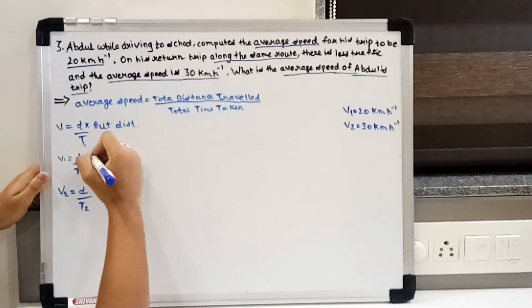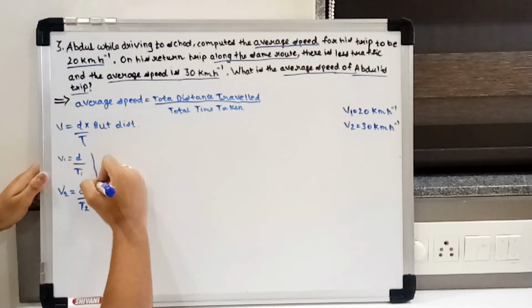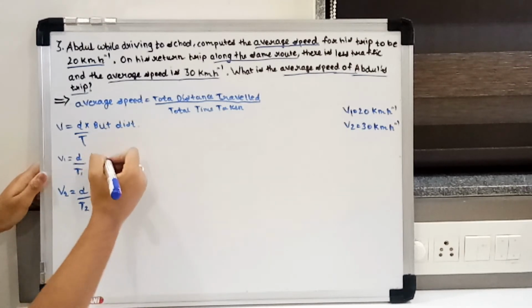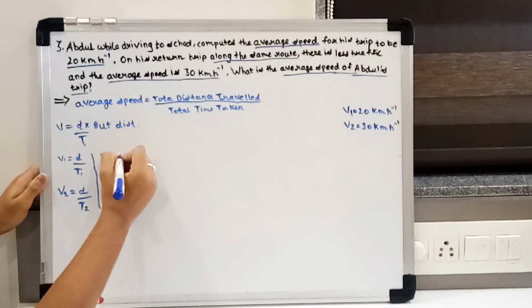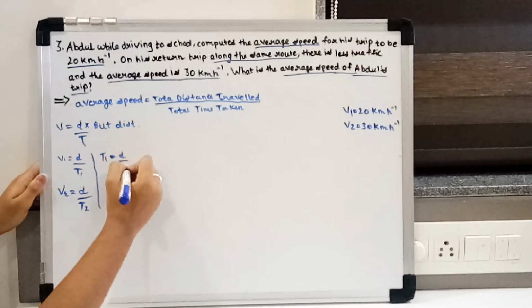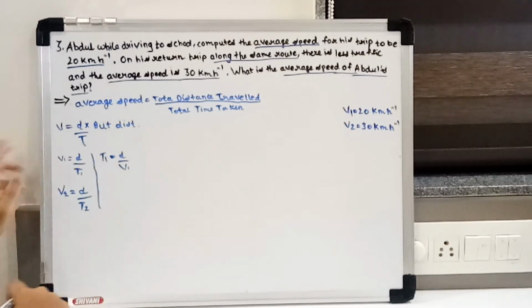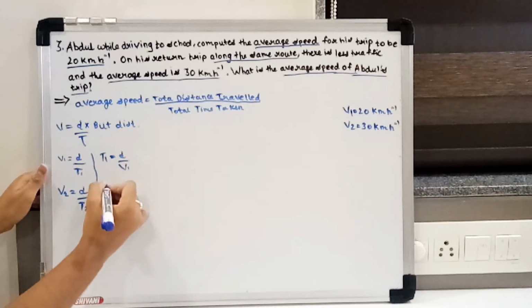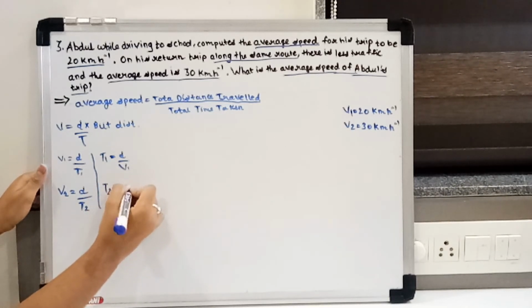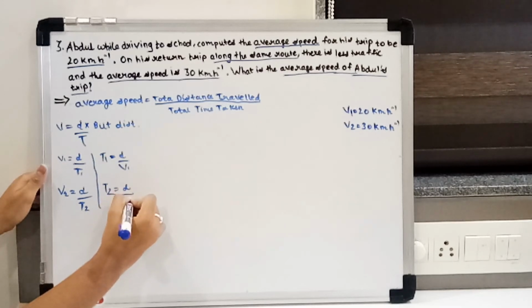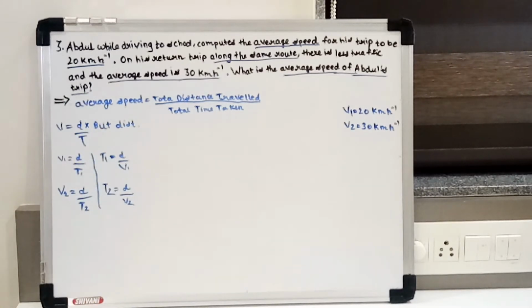And now what about time? We also have to make a formula for time. So t1 is equal to d upon v1. This will be reversed: v1 will go down here and t1 will go up there, and the same for t2.